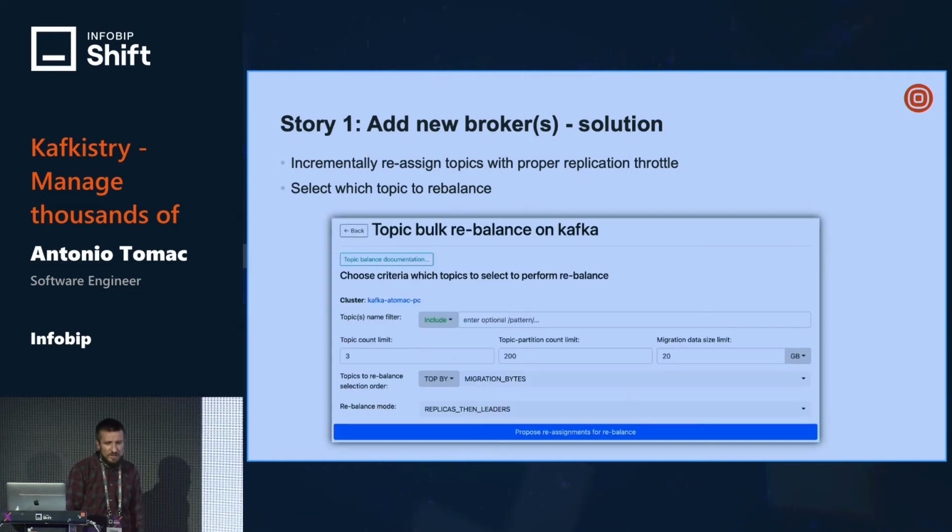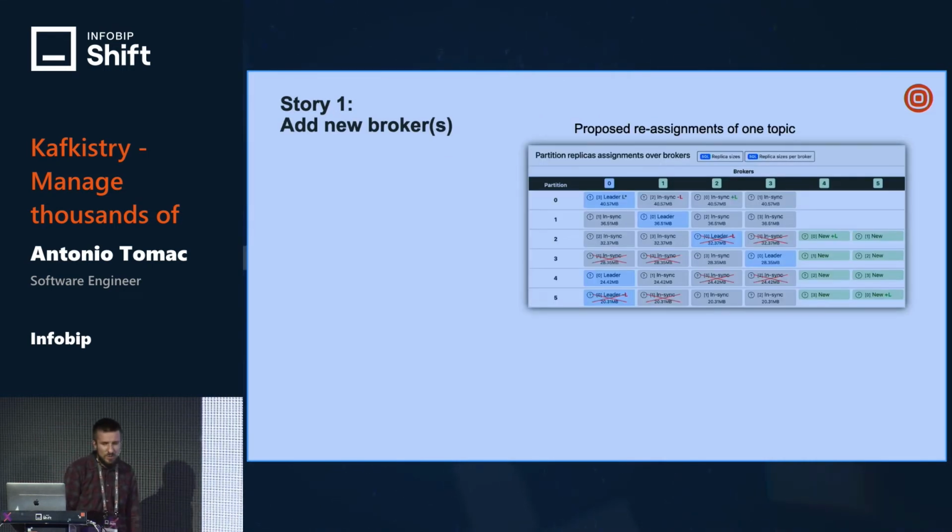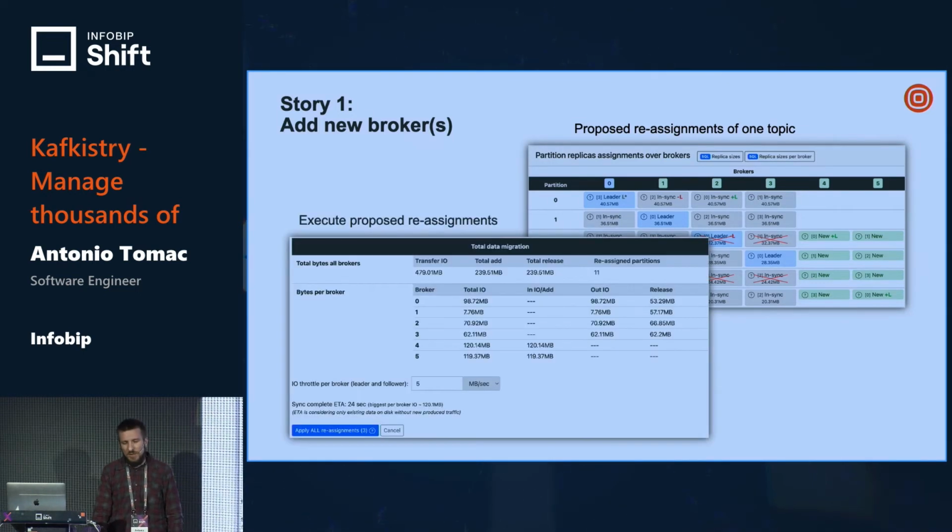And we can do it easily through Kafkistry, where we go through a wizard and pick some topics that we want to rebalance. After that, Kafkistry will show some proposal for the reassignments. It will also show some statistics telling us how many topic partitions will be reassigned, and how much data will be moved from each and onto each broker.